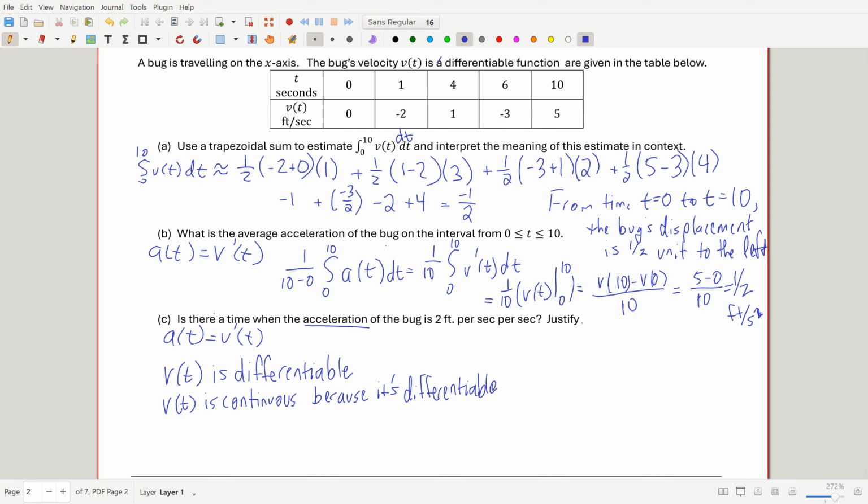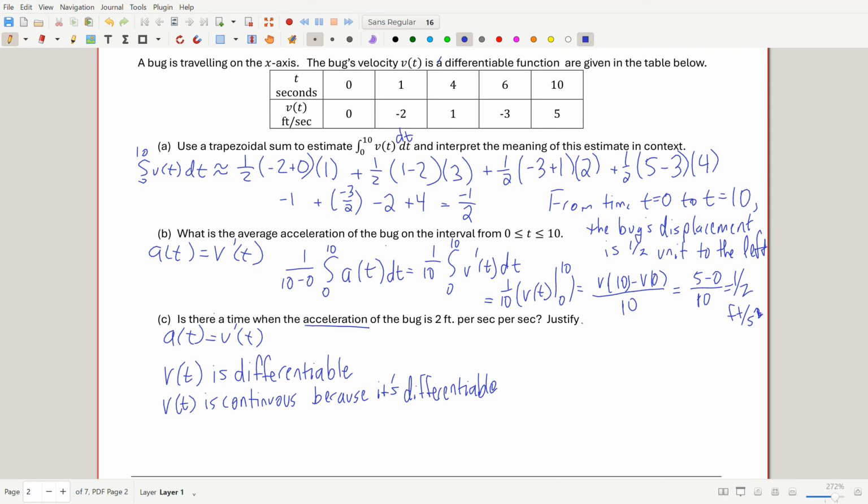And then we need to find one of those average rates of change that has to be 2. And which one is it? From 6 to 10. Yep, because that's a time interval of 4 and a velocity change of positive 8.